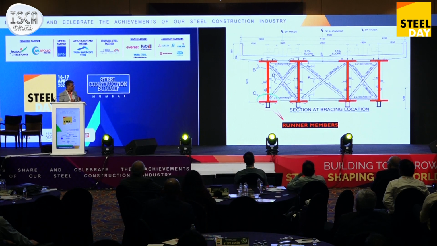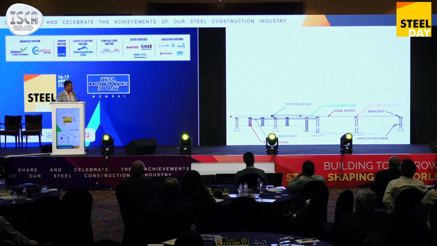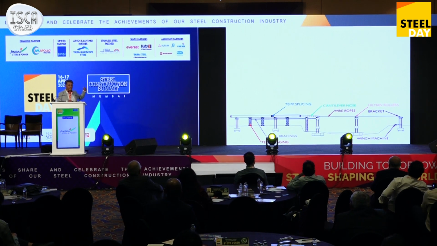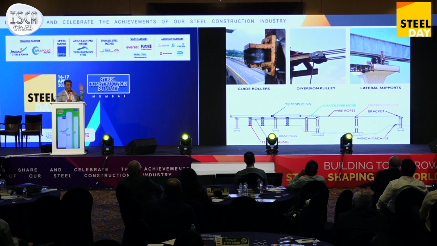Over this member, the bridge is erected outside the main portion and rolled into the main portion. We have used the cantilever nose, winch machine and Hillman rollers, so that after connecting the units to each other, it becomes a single unit and we can do the incremental launching.